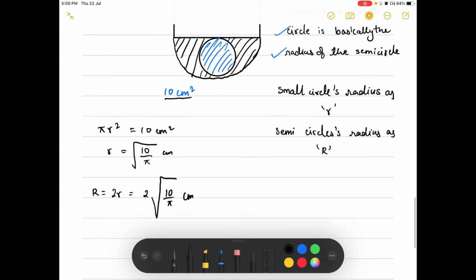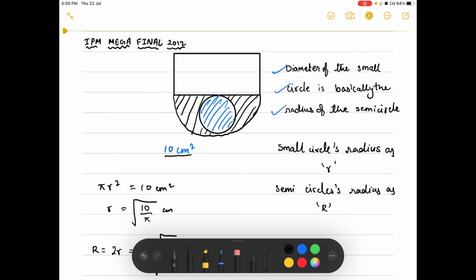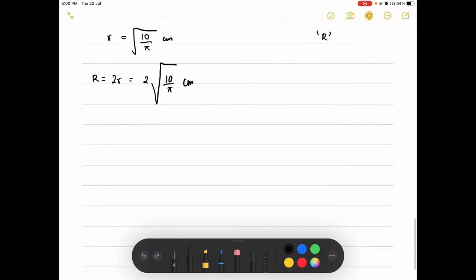Now we can find out the area of the semicircle, which is this whole thing in yellow, including the area of the small circle. So the area of the semicircle including the small circle would be pi capital R square by 2 because it's a semicircle.